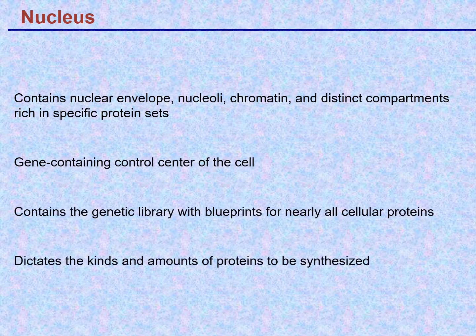The nucleus. The nucleus is present in every cell except for the only cell that doesn't contain a nucleus, the mature red blood cells. Otherwise, every cell contains a nucleus, and it is surrounded by a nuclear envelope or nuclear membrane.